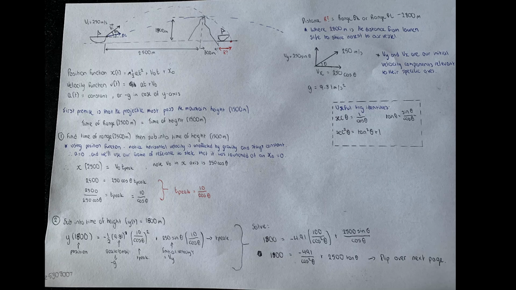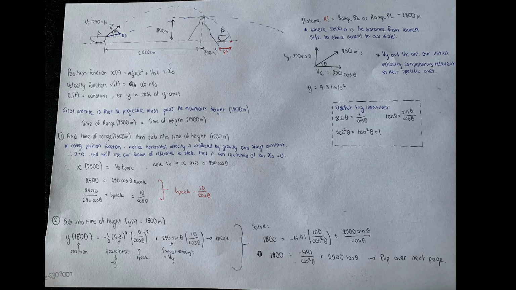Below the diagram, we have the three kinematic equations that we are going to use to solve this. We have our position function, x of t is equal to a half a t squared plus v naught t plus x naught, and the velocity function, v of t is equal to at plus v naught, where a is a constant, or if we define it in terms of the y-axis, it is equal to minus g.